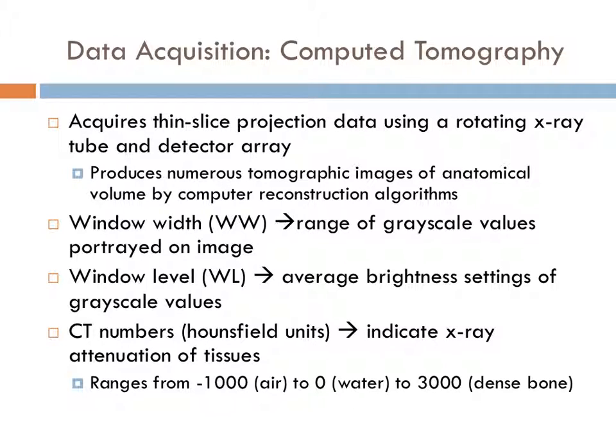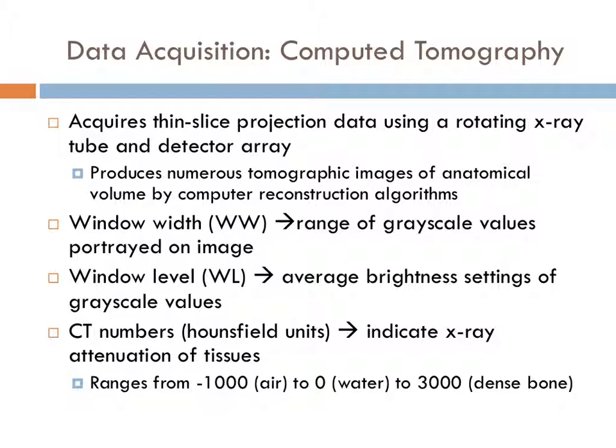Window width and window level settings, they provide instantaneous translation of image grayscale on the display. So window width is the range of grayscale values portrayed on the image, and window level is the average brightness settings of grayscale values. So just to put it in perspective, with window width, a larger number means a wide latitude or a low contrast display.